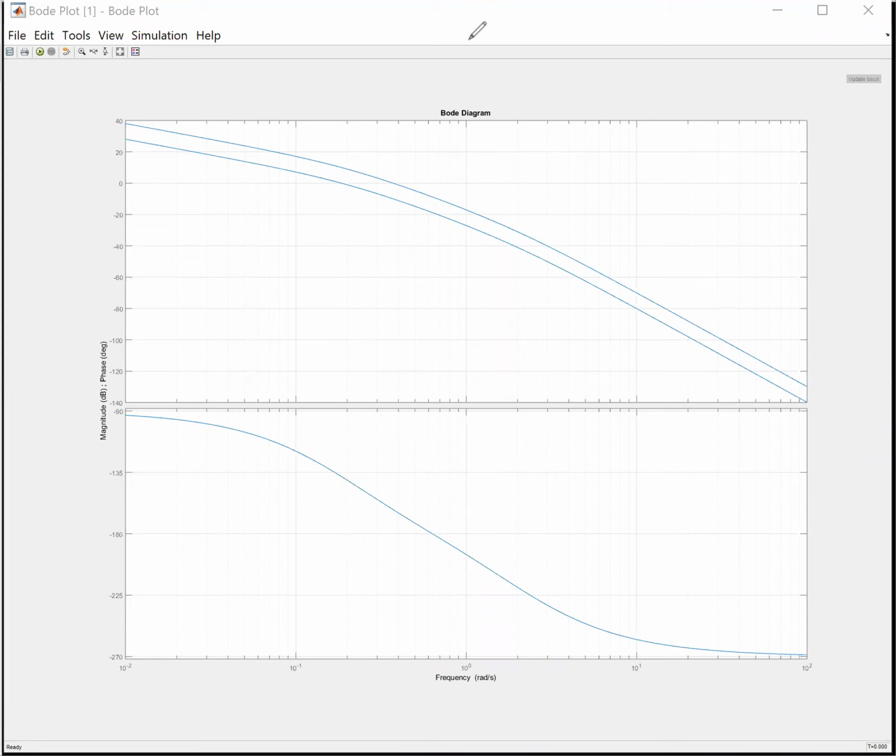And if I clear the drawing here, and I'll put a MATLAB cursor there. So at this point where I cross 0 dB is 0.185.